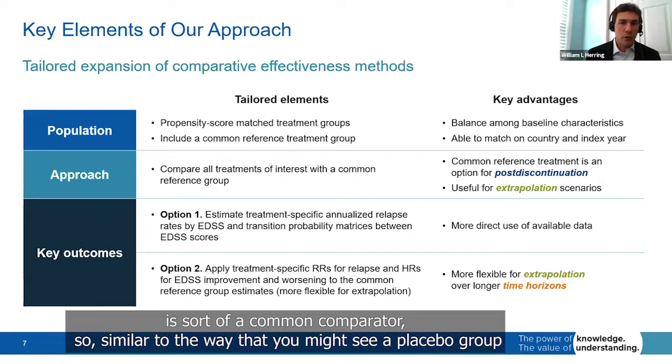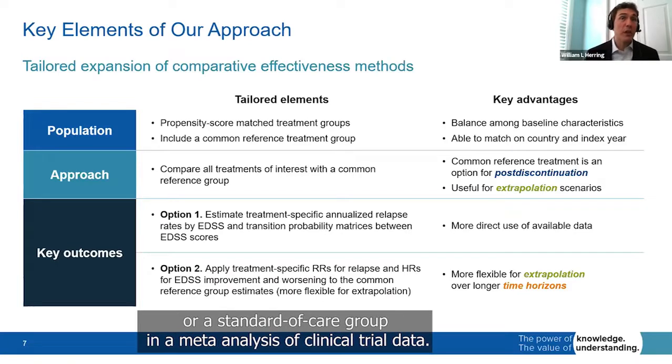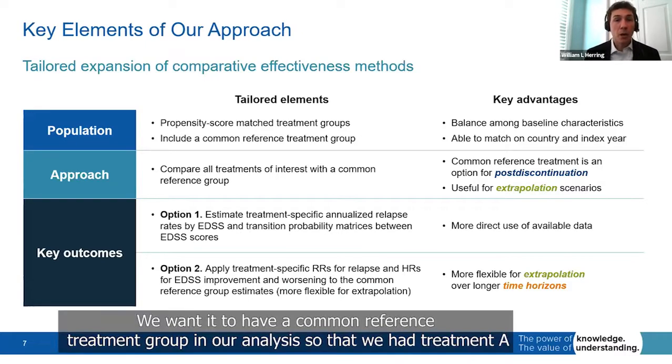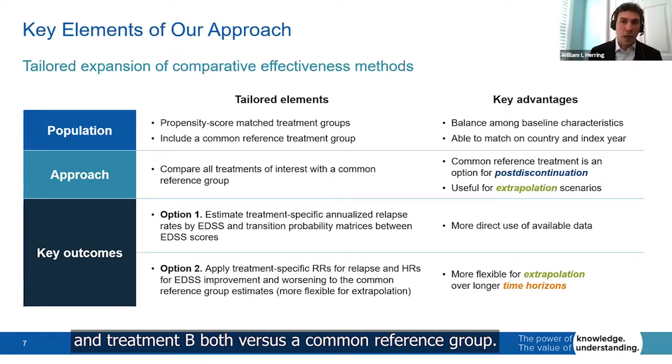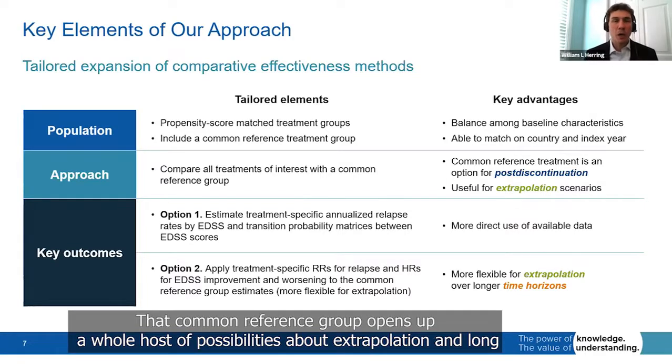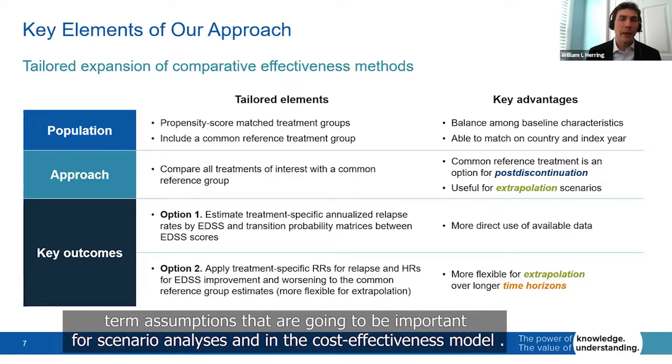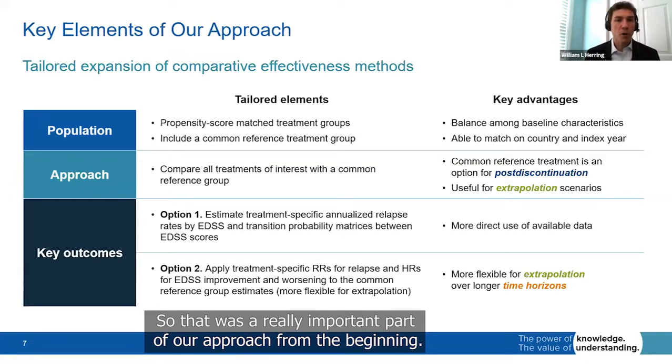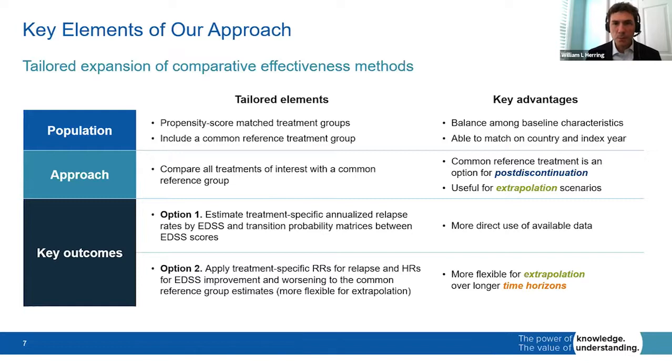Similar to the way that you might see a placebo group or a standard of care group in a meta-analysis of clinical trial data, we wanted to have a common reference treatment group in our analysis so that we had treatment A and treatment B both versus a common reference group. That common reference group opens up a whole host of possibilities about extrapolation and long-term assumptions that are going to be important for scenario analyses in the cost effectiveness model. So that was a really important part of our approach from the beginning.